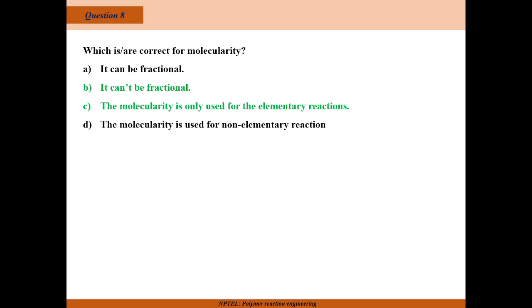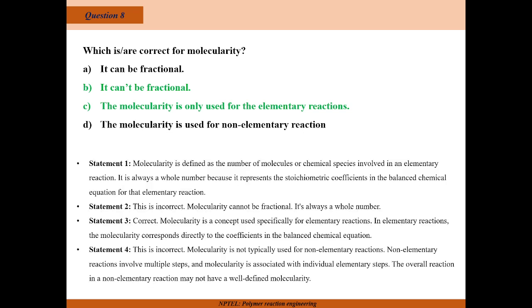Molecularity is not only used for reactions. It is basically used for all the systems, and as I said, it can be a fraction also. So it is used in elementary reactions as well as non-elementary. So it is basically used in all the reactions. So that is the answer.